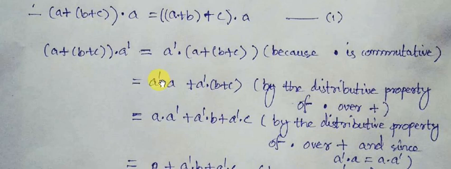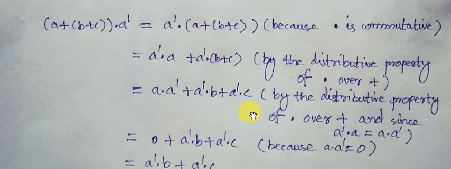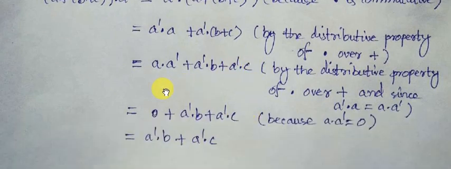As multiplication is commutative, a complement into a is equal to a into a complement, and from the distributive property of multiplication over addition, we can write from this line a complement into b plus a complement into c. And also from the complementation property in Boolean algebra, we know a into a complement is equal to 0.